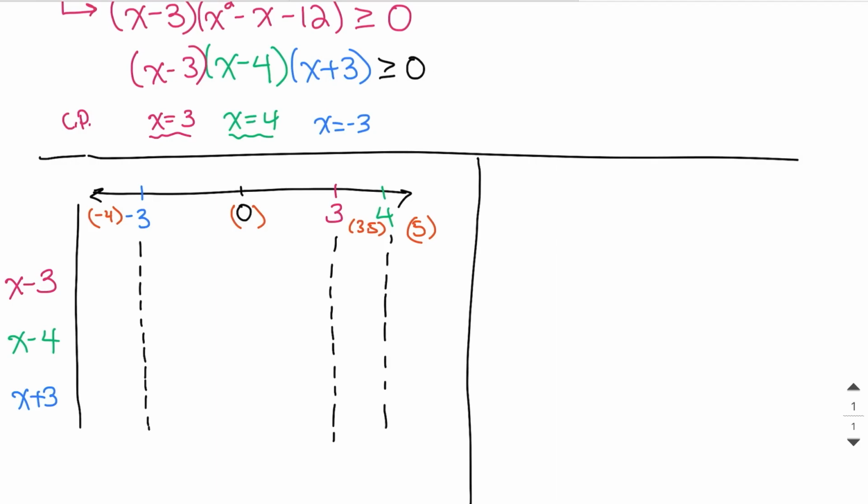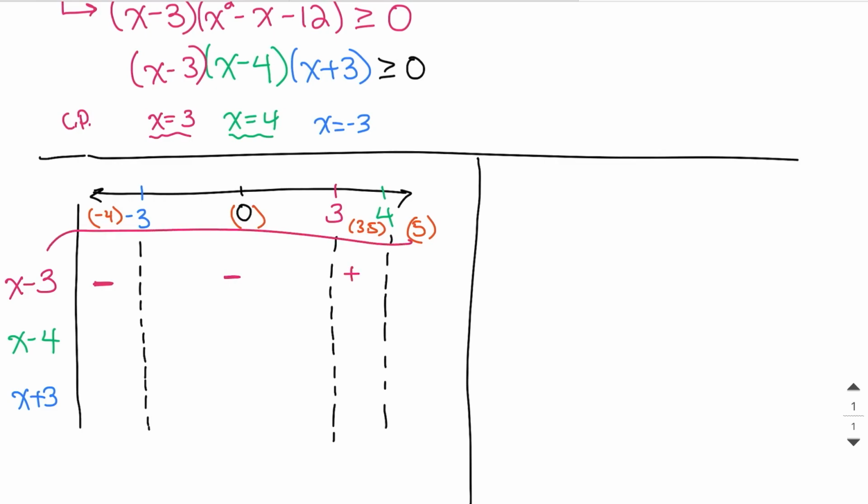Okay, so let's talk about what happens. If I were to plug in negative 4 into x minus 3, negative 4 minus 3 would give me negative 7. This would give me a negative value. If I were to take 0 and plug it in for x here, then it would be 0 minus 3, which would still be a negative value. If I were to take 3.5 and plug it in for x, I would get positive 0.5, which would now give me a positive value.